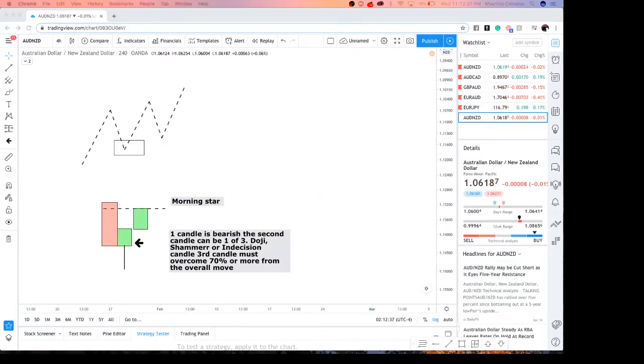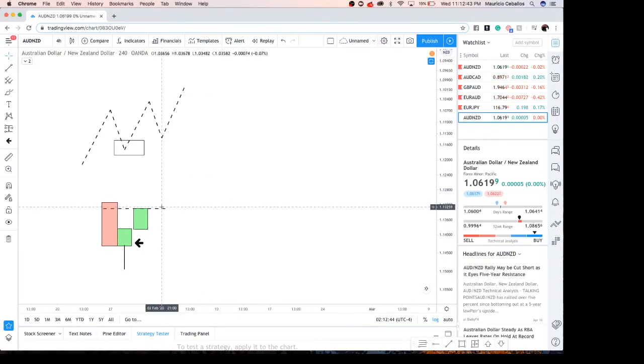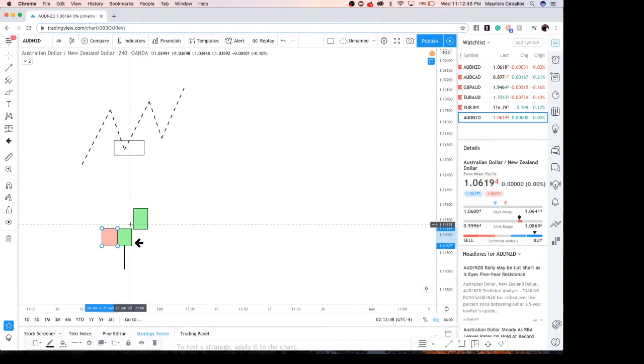Now, I'm going over to the next one, which is our spinning bottoms, right? Understand that the way this is formed is very similar to indecision candles. A spinning top or bottom is when you usually have two or more indecision candles.